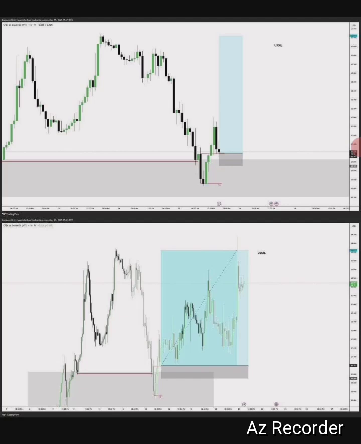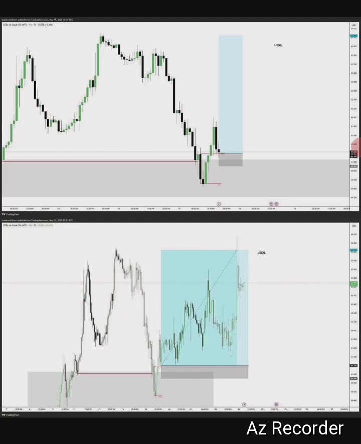So what I'm trying to explain is the demand zone at 2.0050 and between 2.0100 for GBP Australia, which serves as a support level similar to Euro Australia's demand zone between 1.7240 and 1.7260.